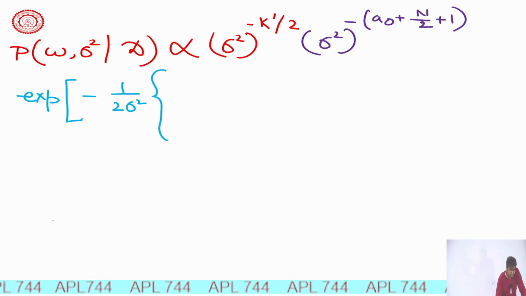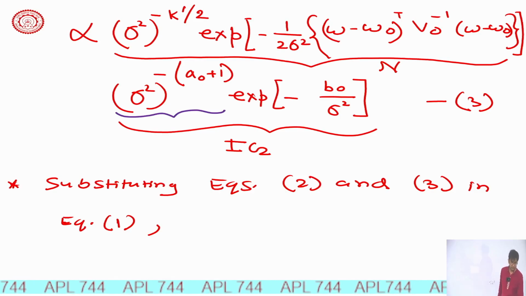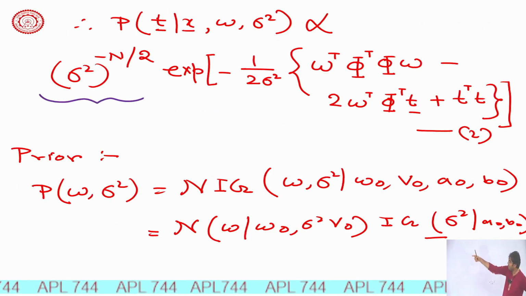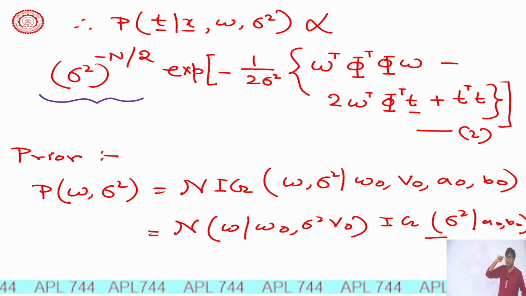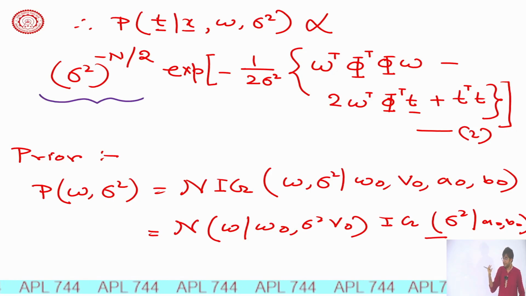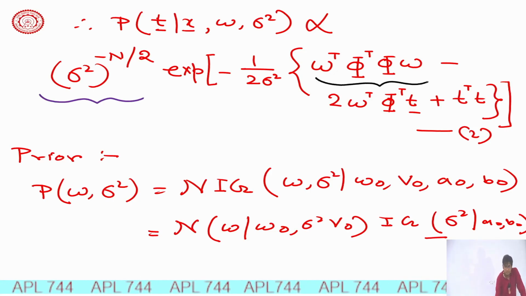Now let us see. Let us go to this term. Okay, and here I have already opened the bracket, and first we are interested in the quadratic terms, quadratic in W. So one term I can see here is this one. So I will take this term.